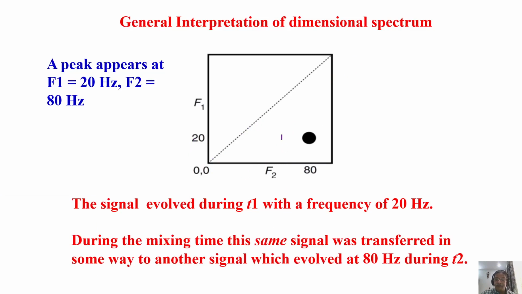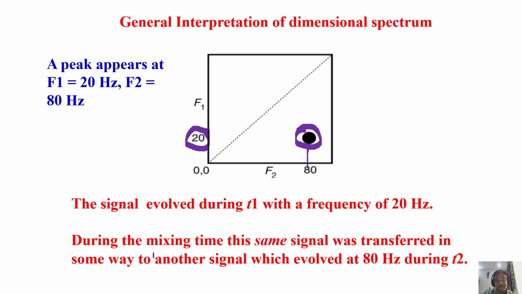Because of the mixing time, the magnetization of this is transferred to this, which was evolving at 20 in the T1 dimension. As a consequence, the peak which was precessing at 20 Hz, let us say, in the T1 dimension, has given its magnetization to the coupled spin, and as a result, it is giving a peak at 80 Hz in the T2 dimension. This is what you have to understand.